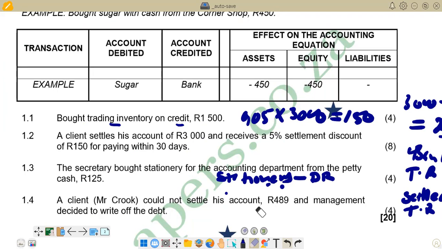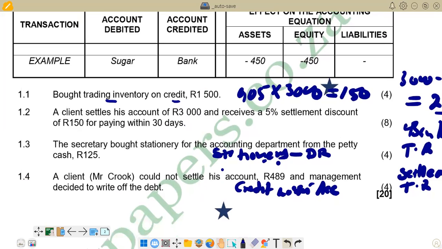Then the corresponding entry is a bad debt, and we are going to open a credit losses account that we are going to debit. It's a bad debt account or a credit losses account. So basically the accounts that we have there, we have a credit losses account, and then another account that we have there is trade receivables.